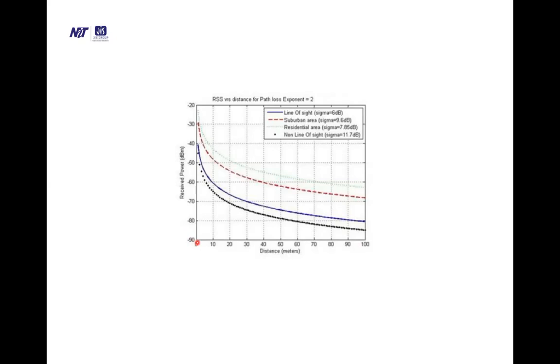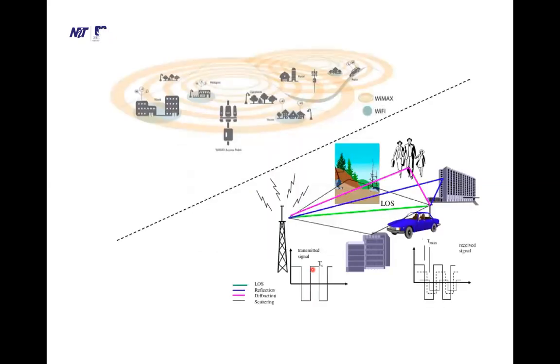From the transmitting side, as the distance increases, signal strength deteriorates. As we keep on increasing the distance, ultimately there will be a time when the signal is lost totally. That is a very important part for designing any wireless communication system. So this is the idea.